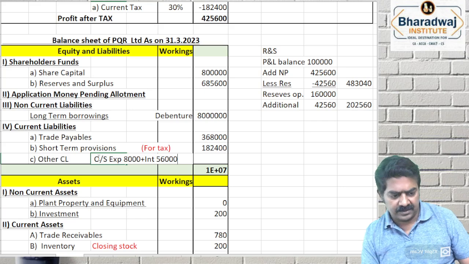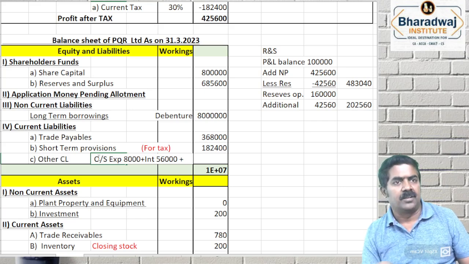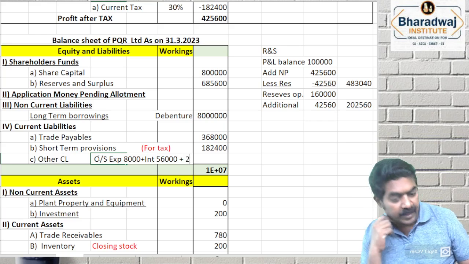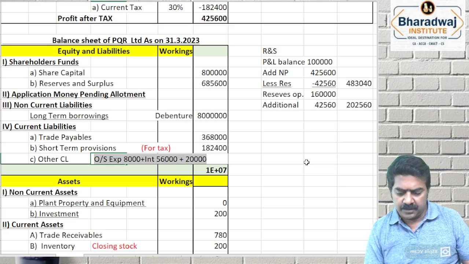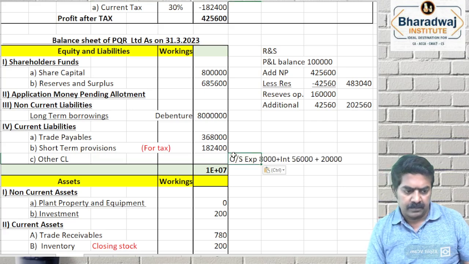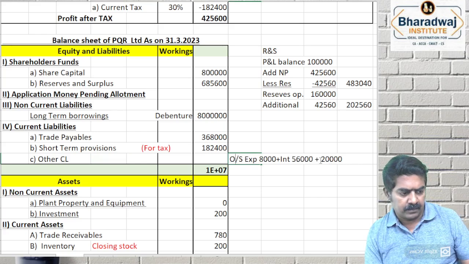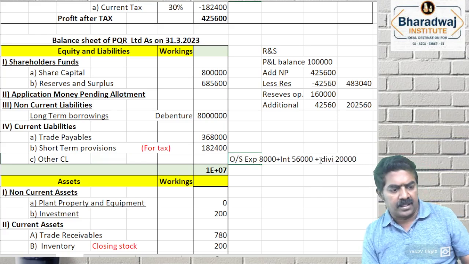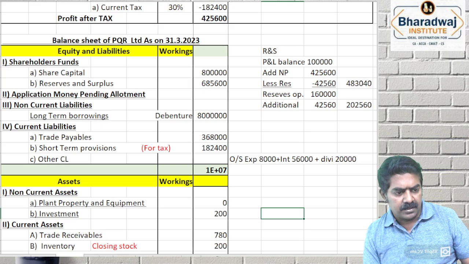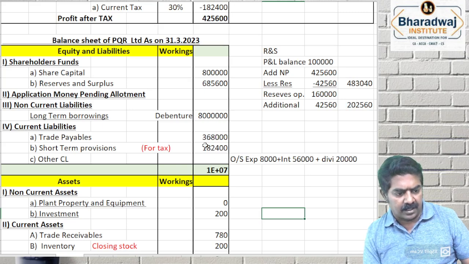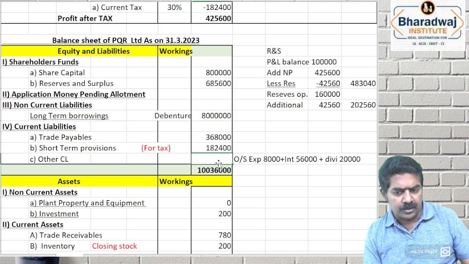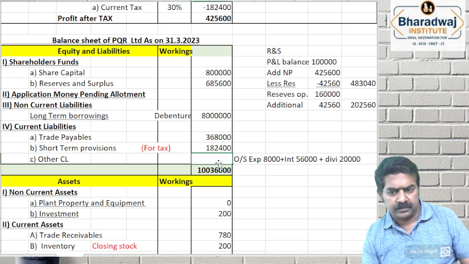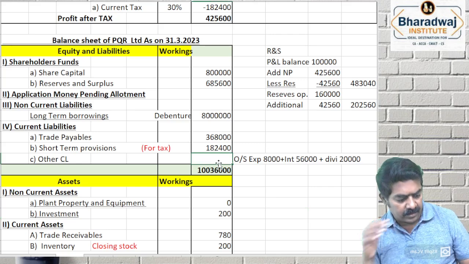Unclaimed dividend எவ்வளவு இருக்கு பாருங்க. 20,000. Unclaimed dividend is just another other current liability. What is the total? 4,000.